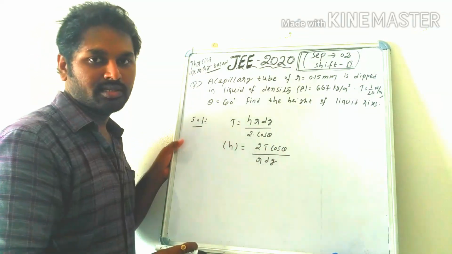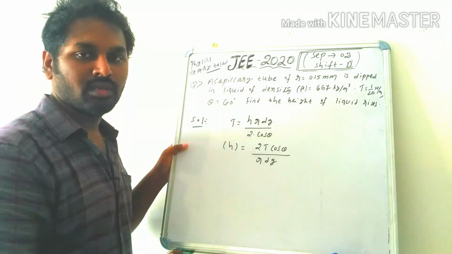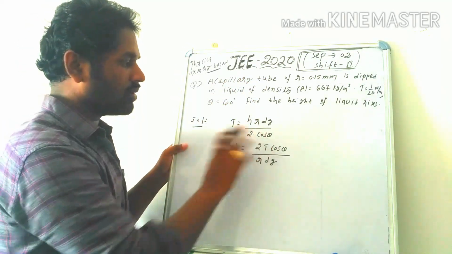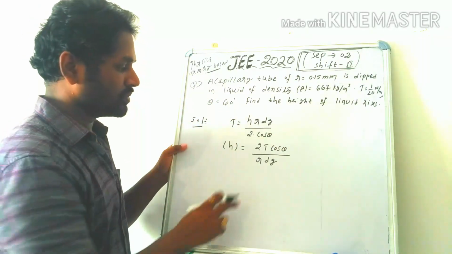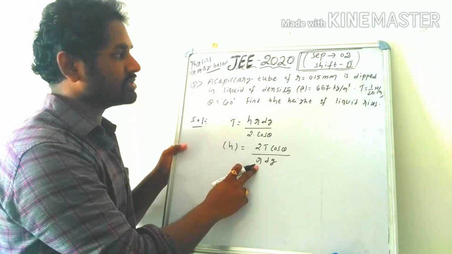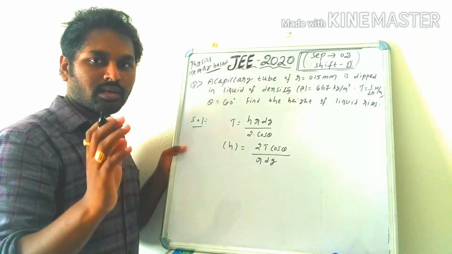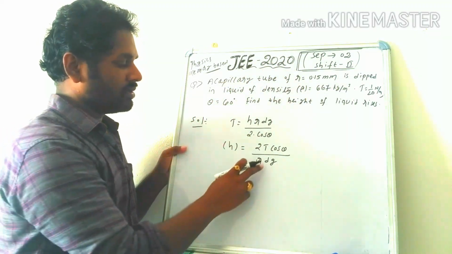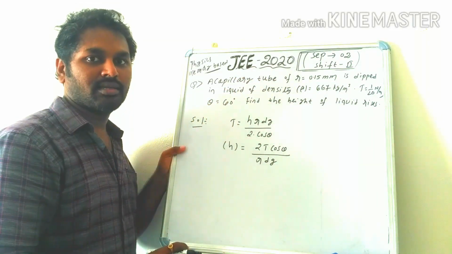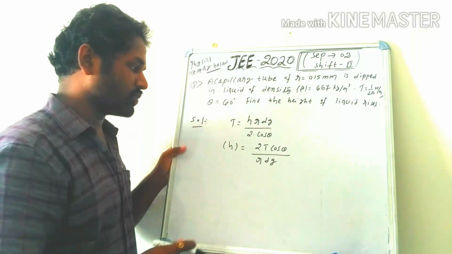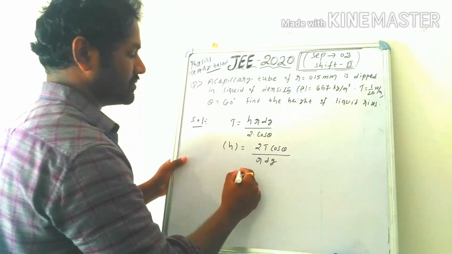What is T here? Surface tension is given in SI system. Cos theta, angle is given 60. You know, cos 60 is 1 by 2. R, radius is given in millimeter, converted into meters. Density in SI system is given. g you can take as 10 meter per second square.